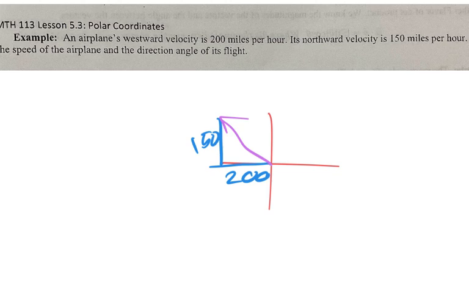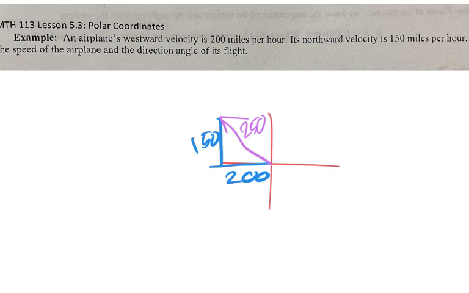It's not 200. It's going west 200 and north 150, which means it's going here. This is the way it's going. Okay, so what's its actual speed? 250. Yes, that's a 3, 4, 5 Pythagorean triple: 150, 200, 250.